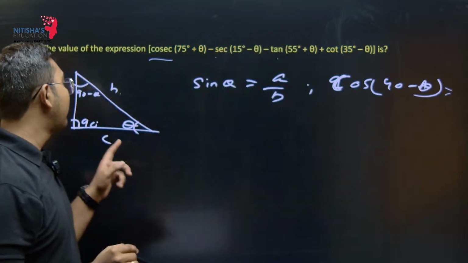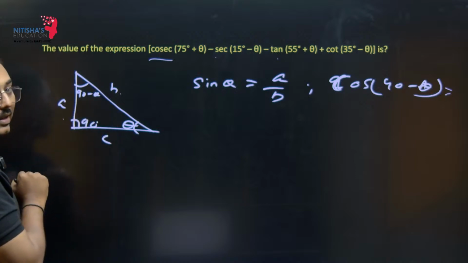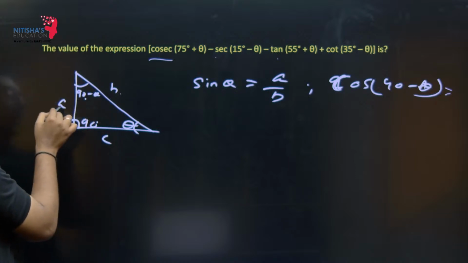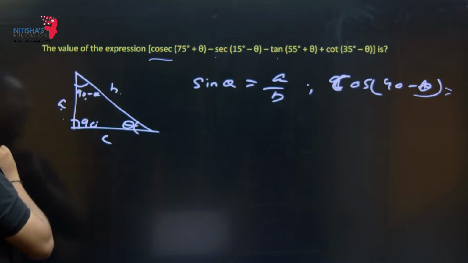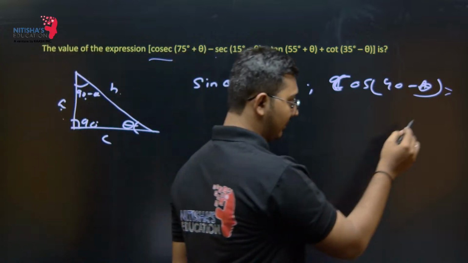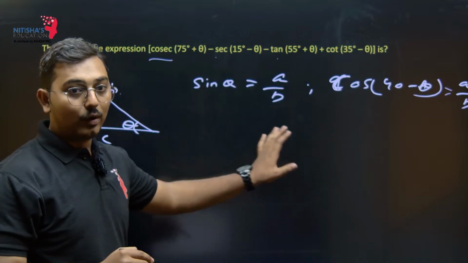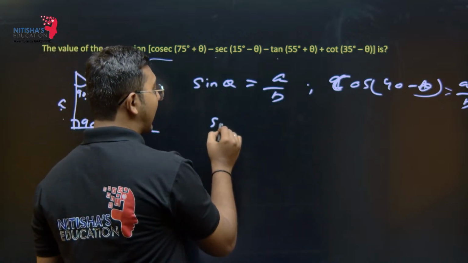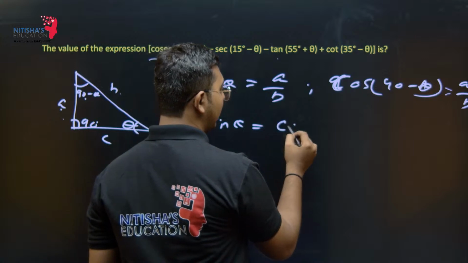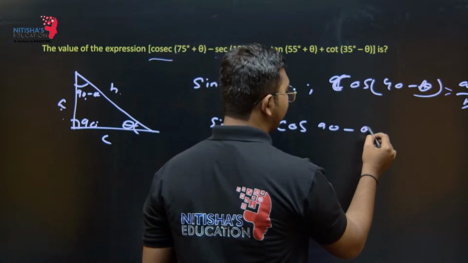What is the value of cos 90 minus theta? For this angle, base would be A and hypotenuse would be B. So A upon B. What does this show? That sine theta is cos 90 minus theta.